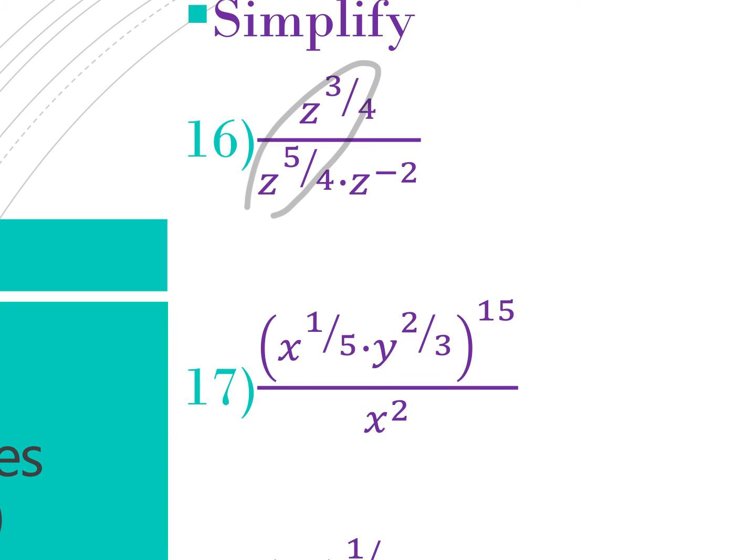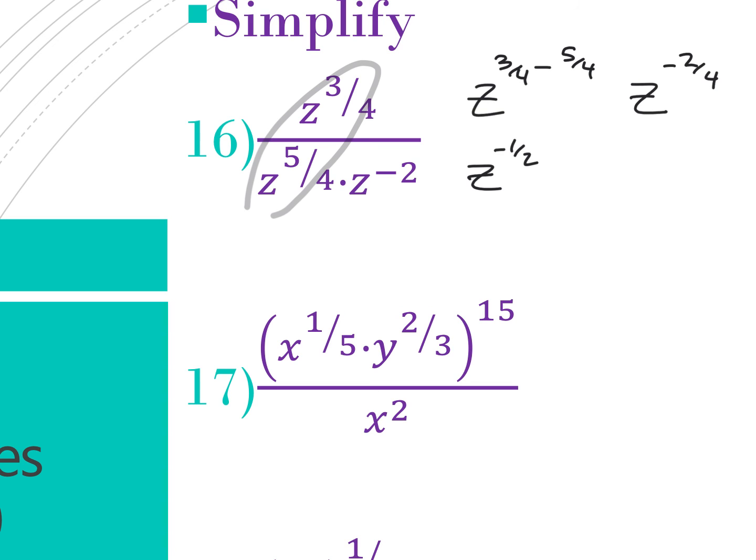Again, different ways to deal with this. So I'm going to just first deal with these two, and it's division. So I'm going to do 3/4 minus 5/4, which is going to give me z to the negative 2/4. And because it's negative, this can also simplify to z to the negative 1/2.